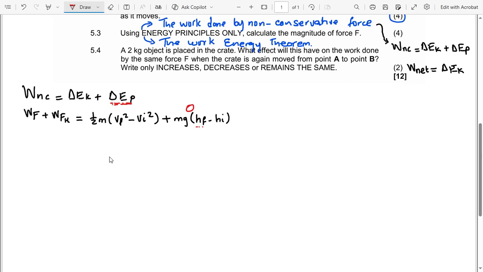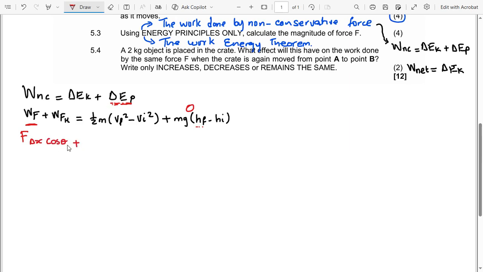So now, when I do the substitution, I need to find the work done by the applied force. Okay, so the work done by the applied force, I'll say F times the delta X, the cos of theta.